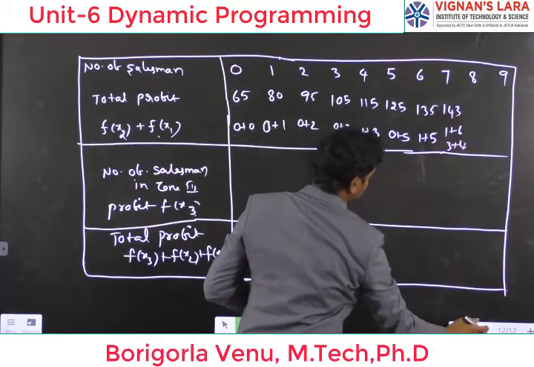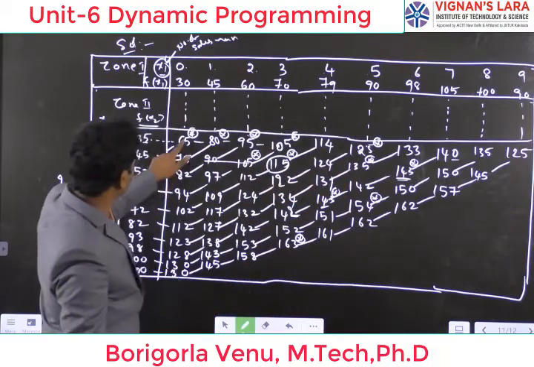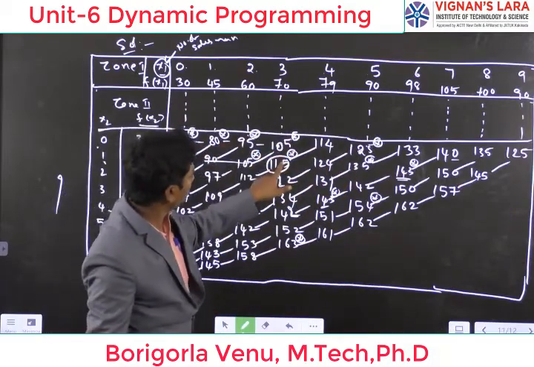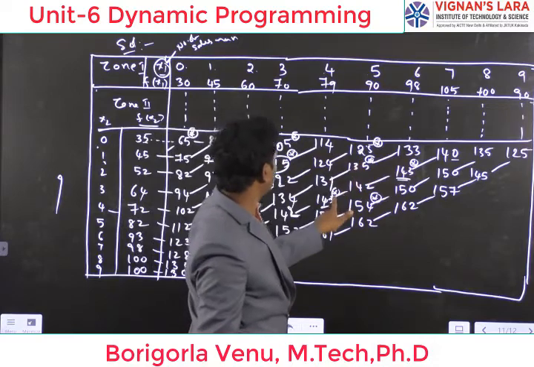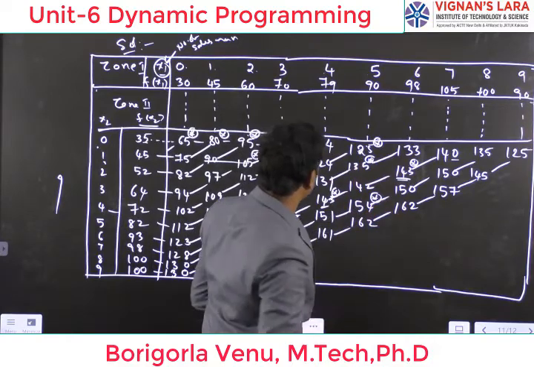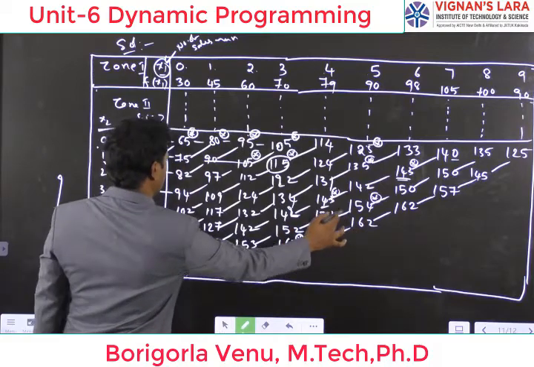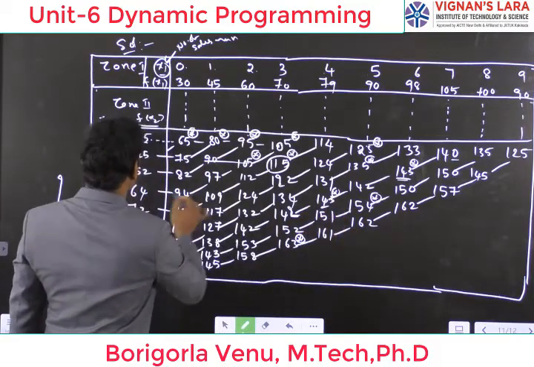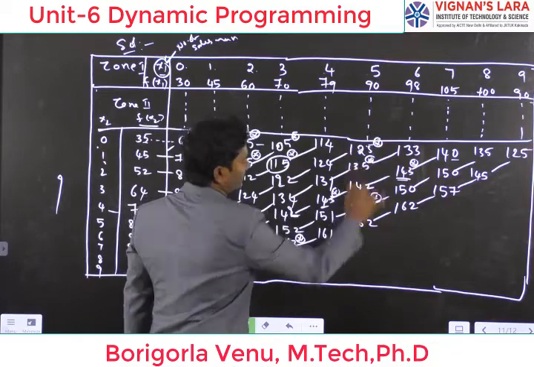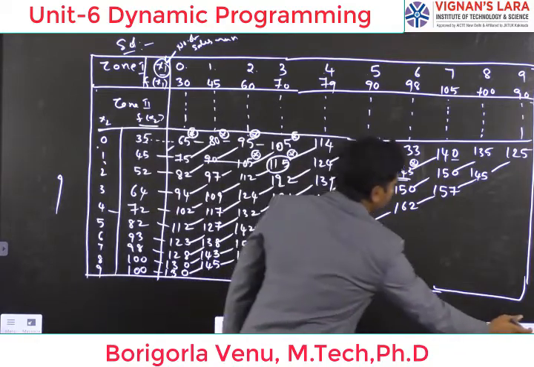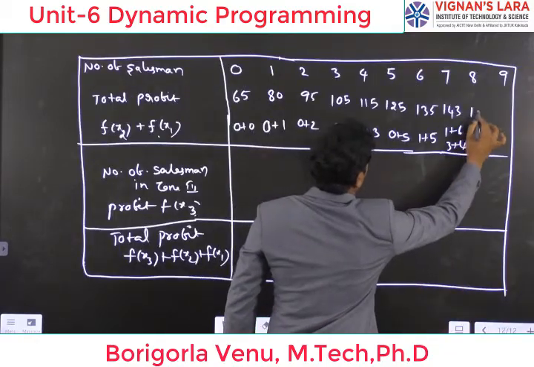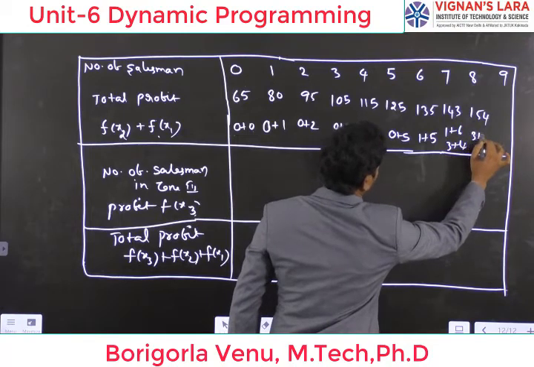Okay, next the eighth station. 0, 1, 2, 3, 4, 5, 6, 7, 8. The eighth is 154. Where do we have 154? At the third and fifth station, that is 3 plus 5.